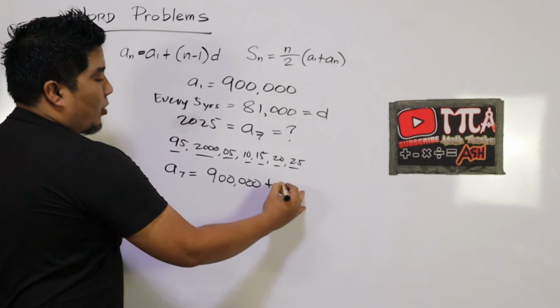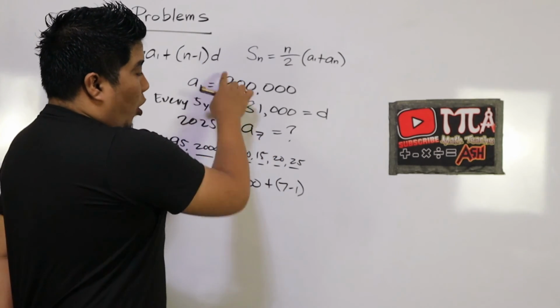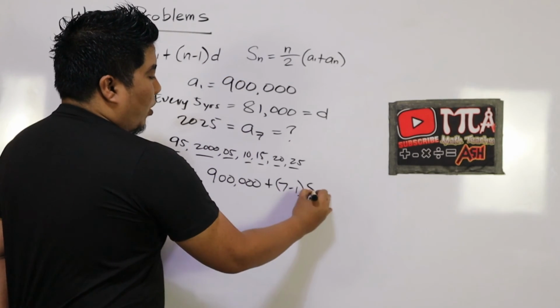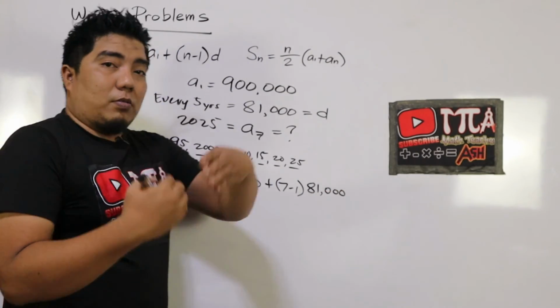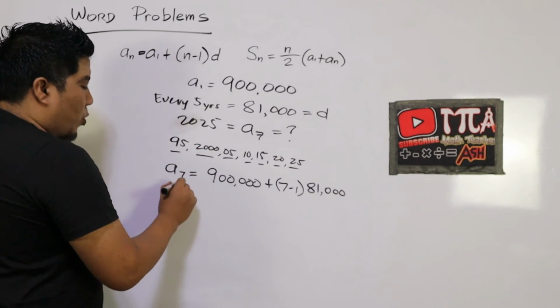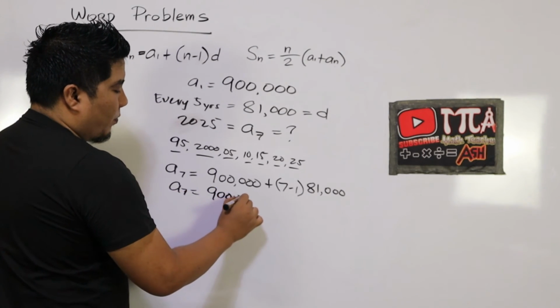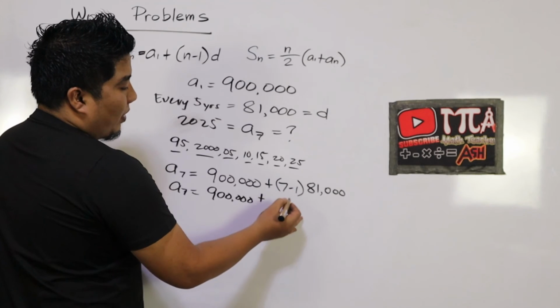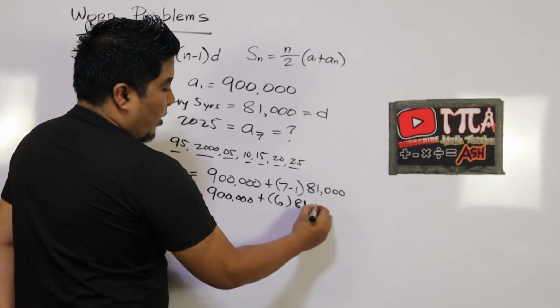Our n is 7, so 7 minus 1 times our common difference, that is 81,000, which is the amount every 5 years. So a sub 7 is equal to 900,000 plus 7 minus 1, which is 6, of course, times 81,000.